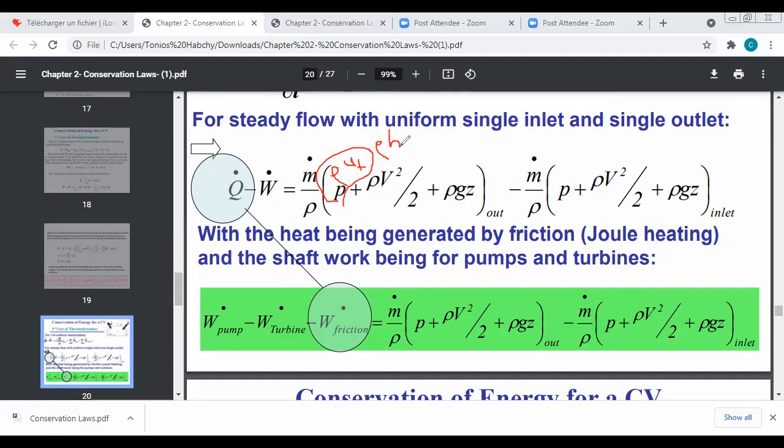But in a lot of applications, the internal energy is not varying through the flow. In general, the internal energy is a function of temperature. So if you have large variation in temperature, then your internal energy will vary. H is defined, as we have seen, as U plus P over rho.